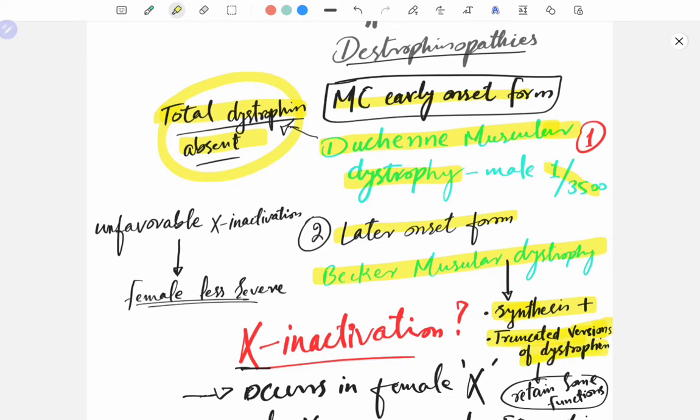Truncated version means there is abnormal production of dystrophin protein, and unfavorable X inactivation may lead to this, and that's why this is less severe in the female due to the unfavorable X inactivation.